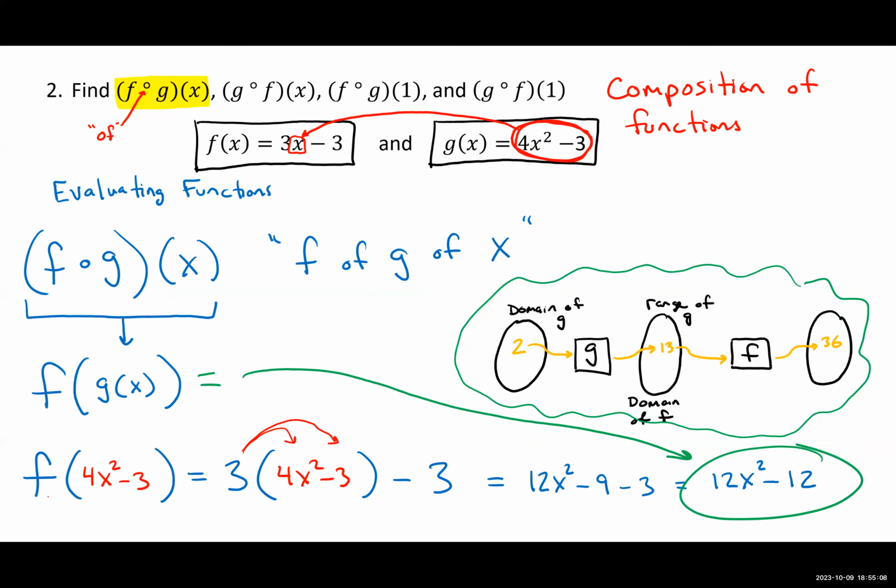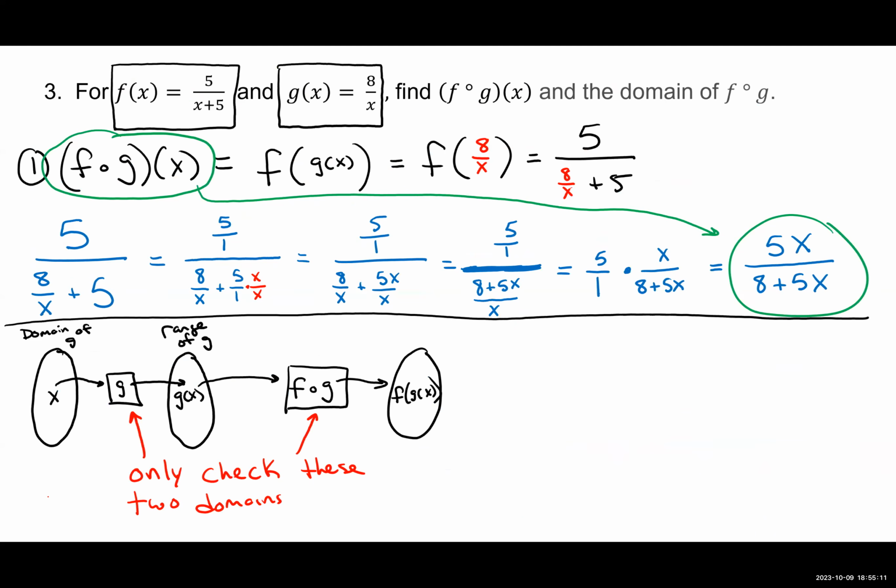For compositions, we don't have to look at all three. We have to look at the inside function and the composed function. You don't have to look at the domain of the outer function.